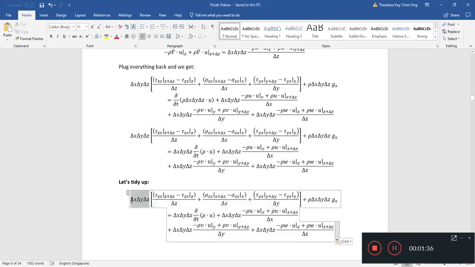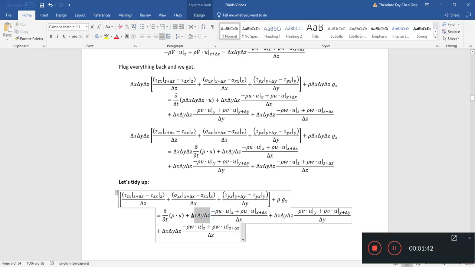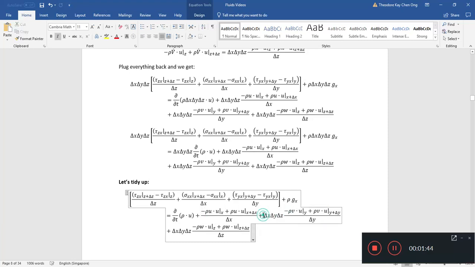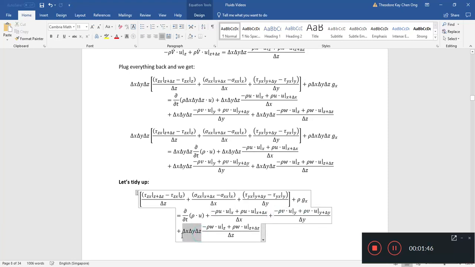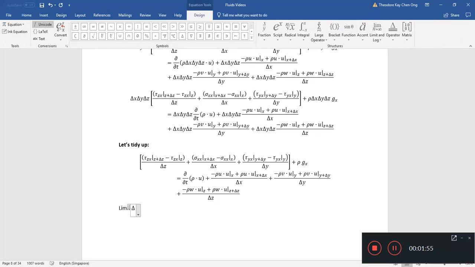So we divide throughout first. And now, of course, we want to take the limit as delta x, delta y, delta z goes to 0.